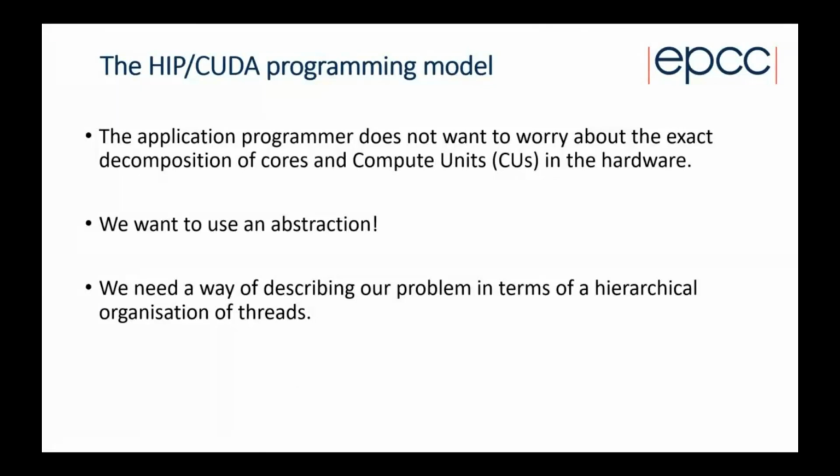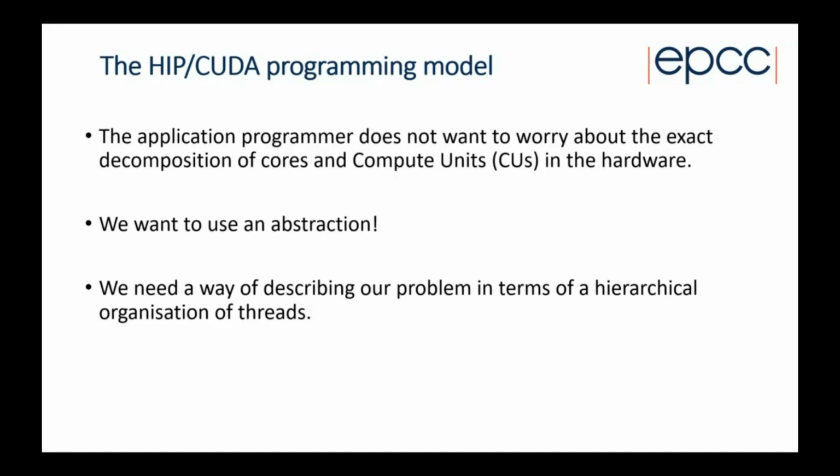So that's been a general overview of hardware. What about the programming model we're going to actually use in HIP and CUDA? We don't really want, as a programmer, to worry about the exact composition of cores and compute units in the hardware. We want to use a nice abstraction so that we can tell the GPU, here's the data to operate on and this is the operation to do. You distribute it.